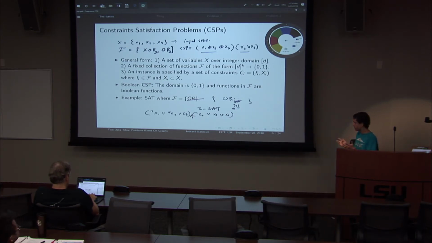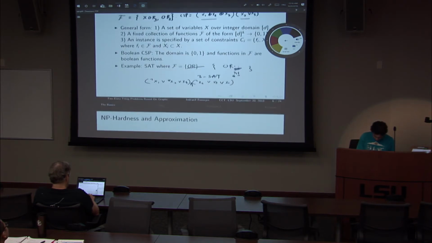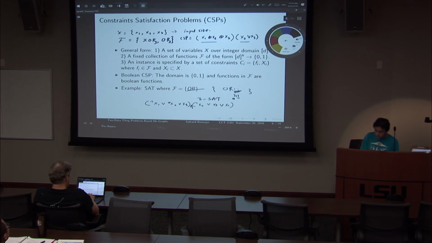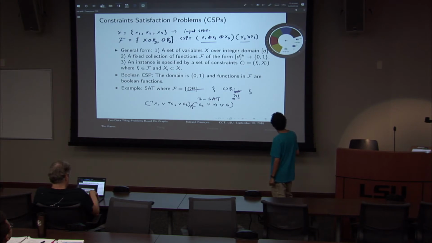Excuse me. It's probably just notation, but Ci is Fi and a set of perhaps ordered Xi, right? Not just Xi. It's a set of Xi, a subset of X. And perhaps ordered, right?